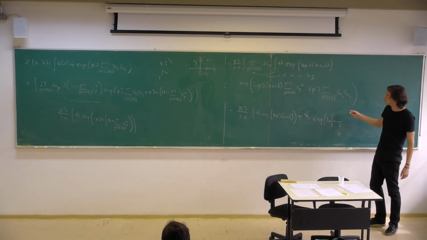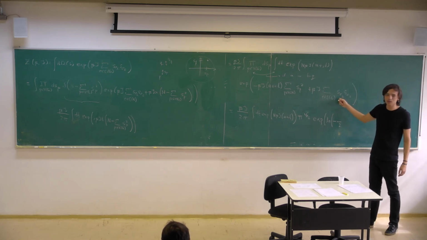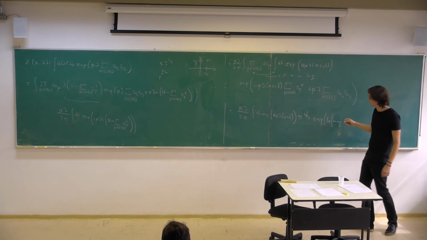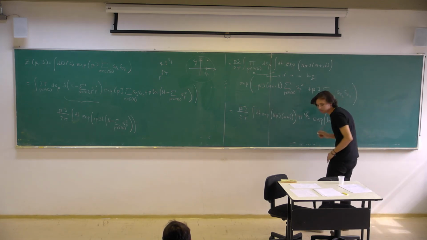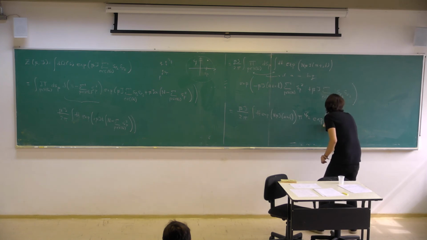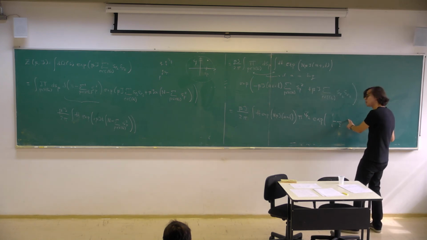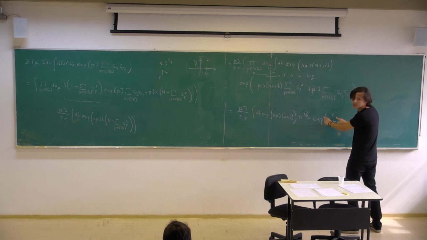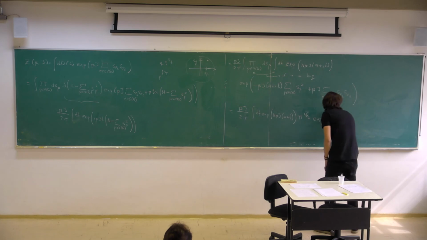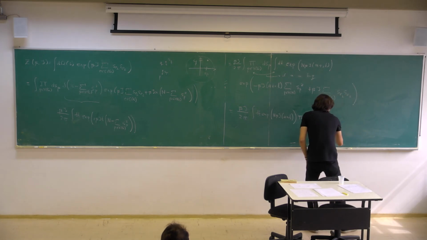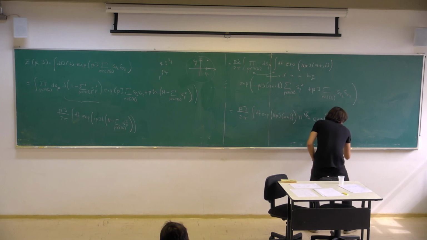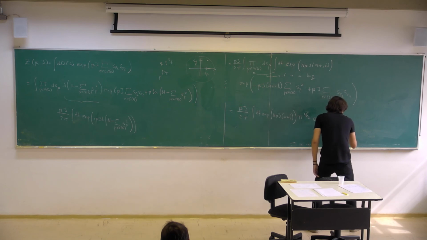And then I need to calculate the determinant of this quadratic form. It's going to be a product, but a product inside of a logarithm becomes a sum, and once I go into the thermodynamic limit, that becomes an integral. All of this is just to remind you that the answer of that integral is this. You can compare directly to what we did in lecture 2 to see this.